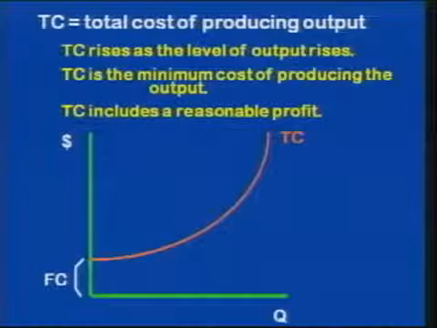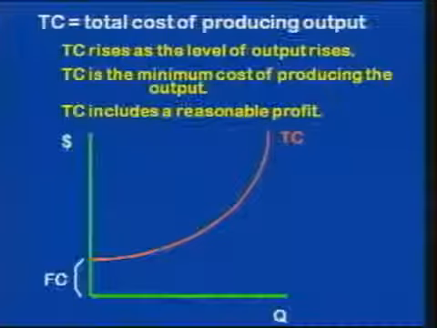And total cost includes a reasonable profit. Here, this profit means a normal return on investment. Think of me as an entrepreneur. If I put the money in the bank, I will have a 5% interest rate. So in that sense, the money I invest in the factory should also give me 5% of return. So that could count as the total cost, right? The money I borrowed from the bank is also cost. So here it's just about the total cost.